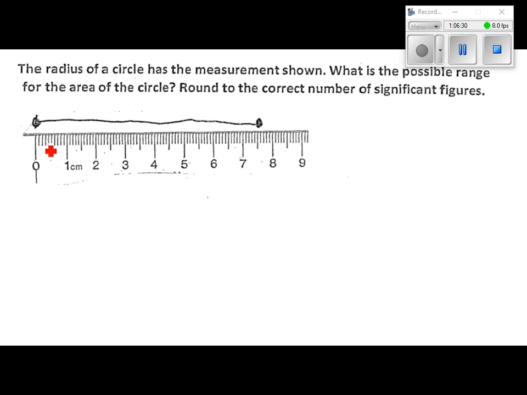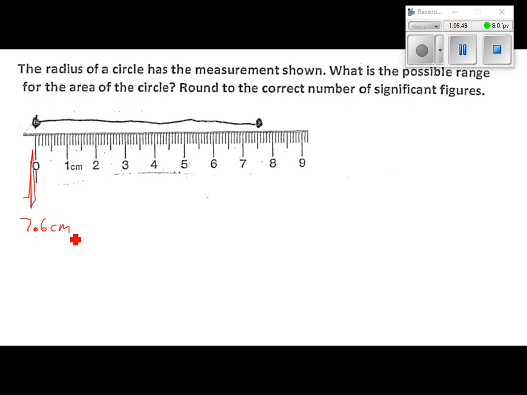The radius of the circle has this measurement. Somebody tell me, what is that measurement? 7.6 centimeters. Now, we're going to be in a range there, right?